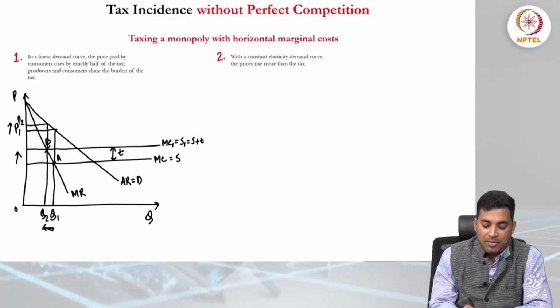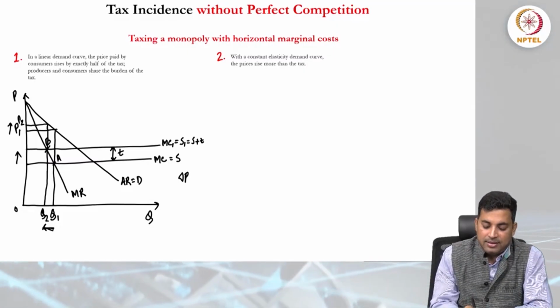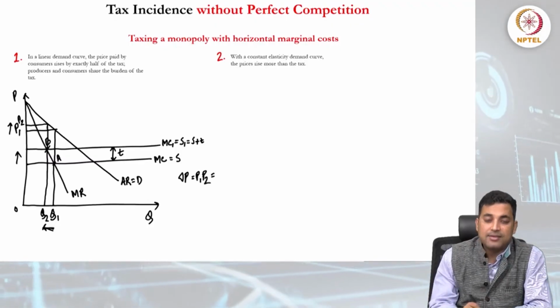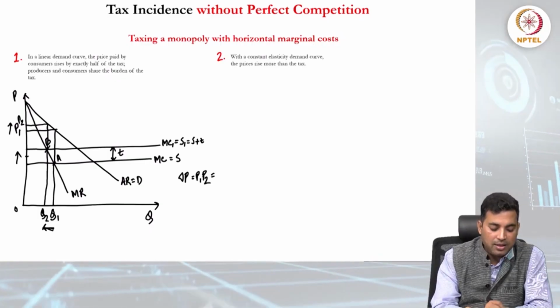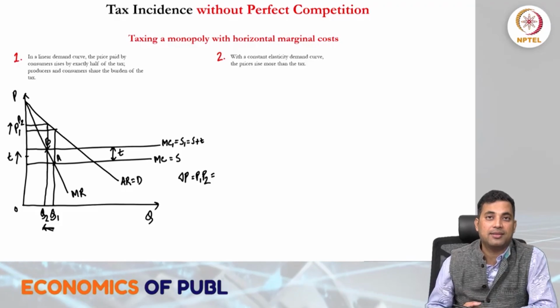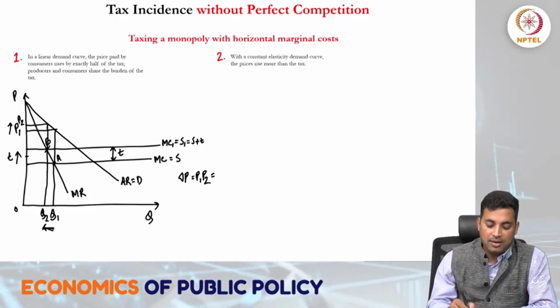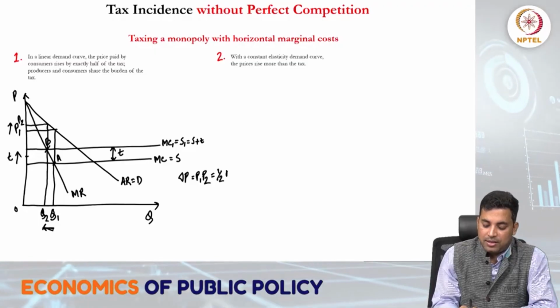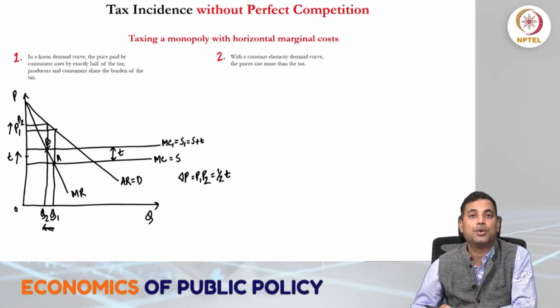The change in the price, delta P, from P1 to P2, is almost half of the tax, the amount of tax imposed on the marginal cost curve of the producer. So it is basically a half of the total tax.